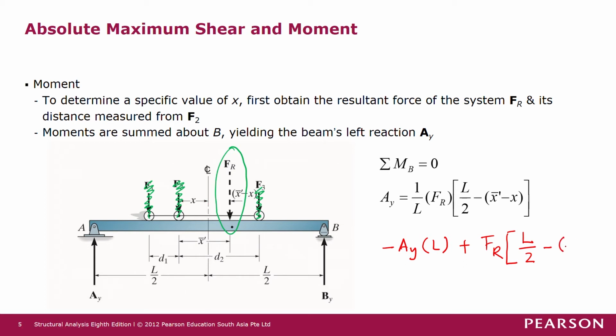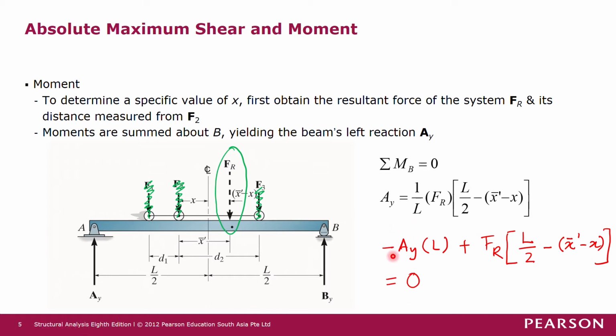Okay, so we have x bar prime minus x. And then there is no other force causing moment about point B, so we can equate that to 0.